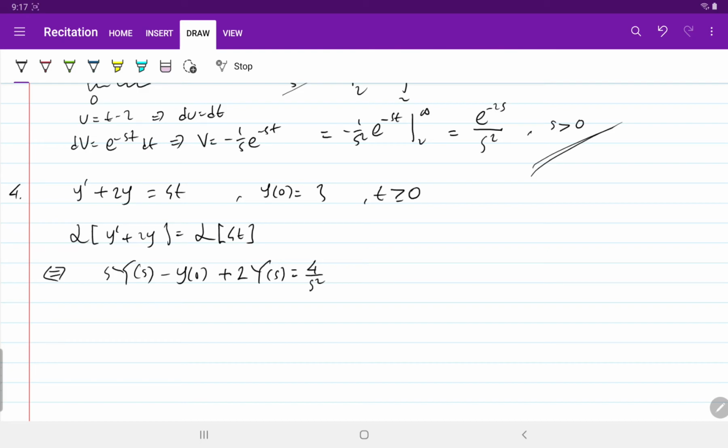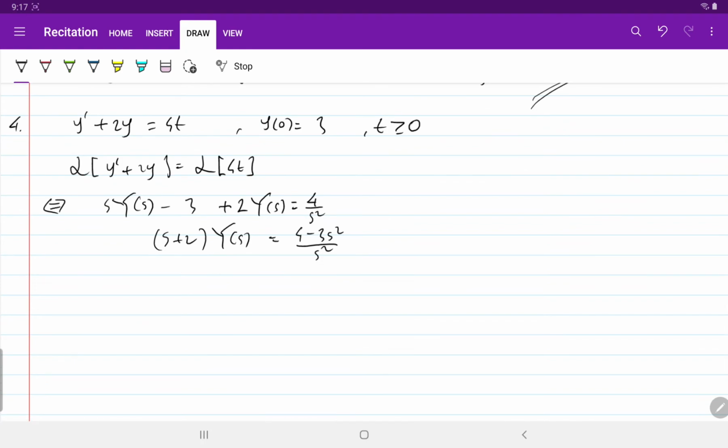And then with y of 0 equals 3, you have s plus 2 times Y of s equals 4 minus 3s squared over s squared, and then you get Y of s equals 3s squared plus 4 over s squared times s plus 2, given that s is not 0 and s is not equal to minus 2.